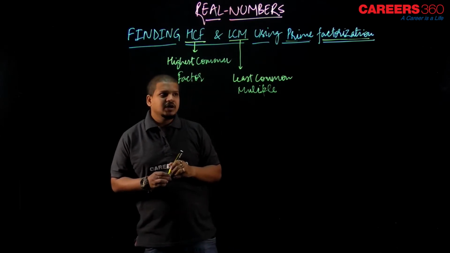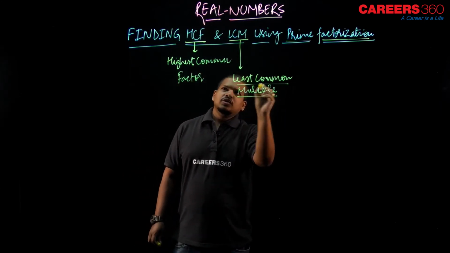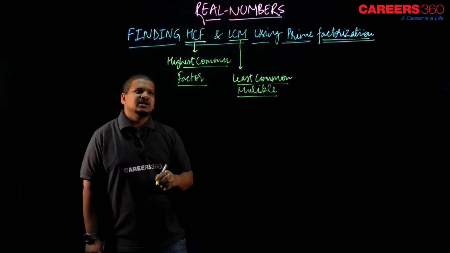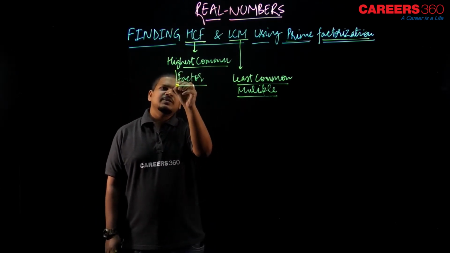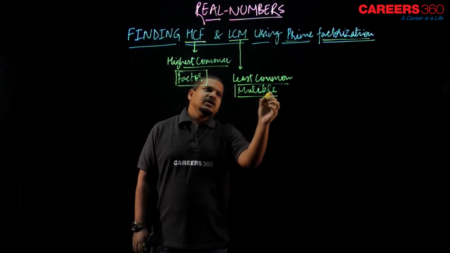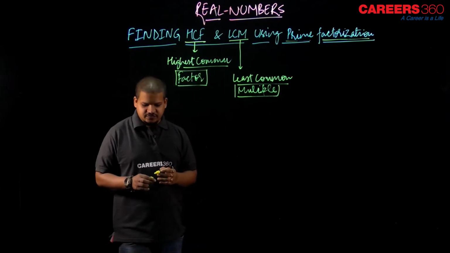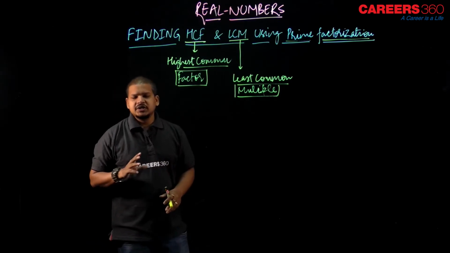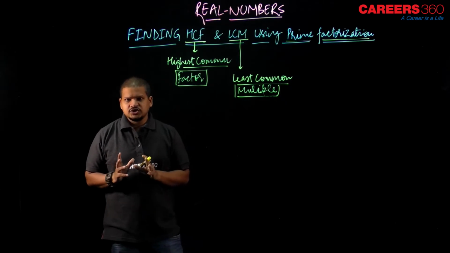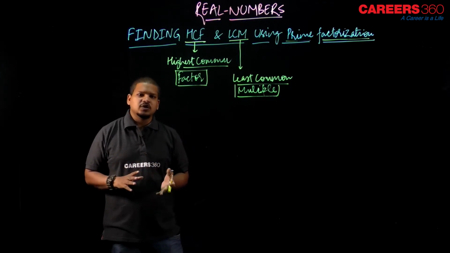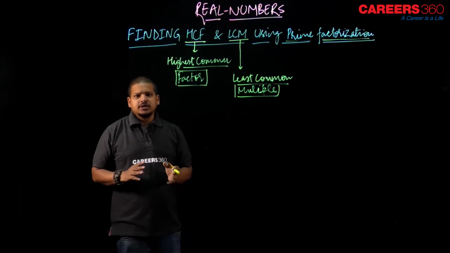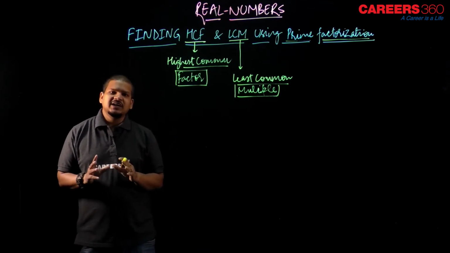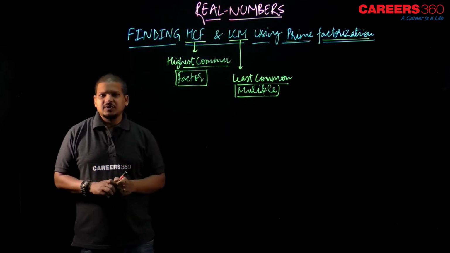So there is one prominent difference between the two, that is multiple and factor, right? These two terms I have already described to you in the introduction video, what is factor and what is multiple, right? Now let's focus on highest common factor and least common multiple.